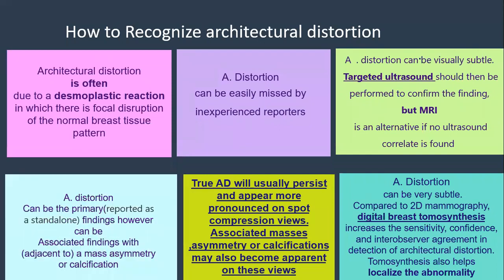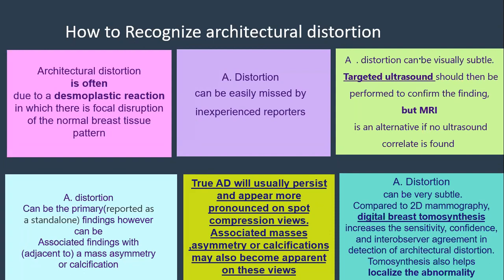And architectural distortion can be a primary, standalone reported abnormality, with only architectural distortion as the finding, or it can be associated with other findings like a mass adjacent to it. Because we said when we call the area distorted, one of the criteria is no underlying mass.